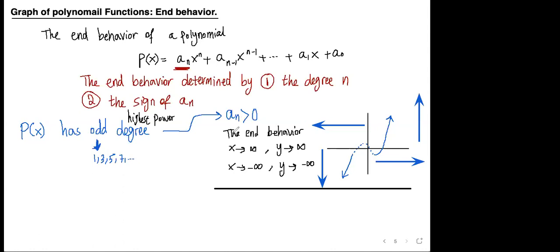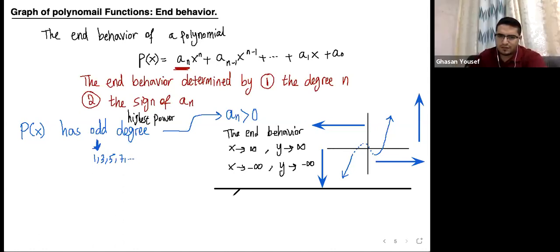So that is for a positive a_n. Now when a_n, the leading coefficient, is a negative number, this formula is when the power is odd. Yes, this is for odd only. We did not talk about even, just odd. Now when the leading coefficient is negative, look at what happens to the end behavior.